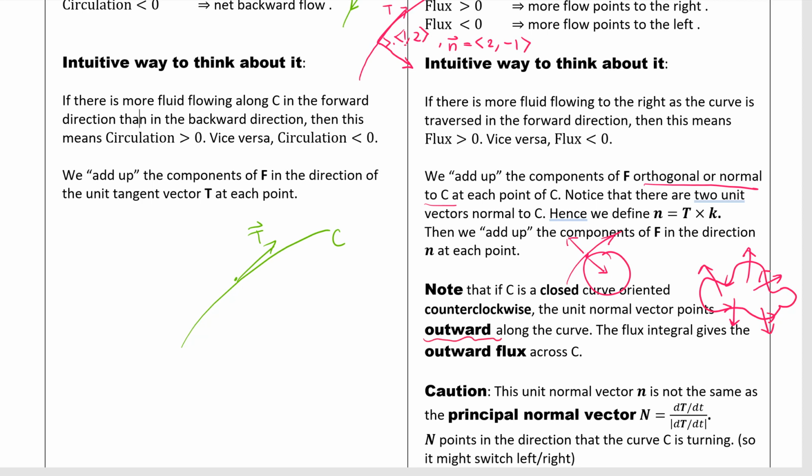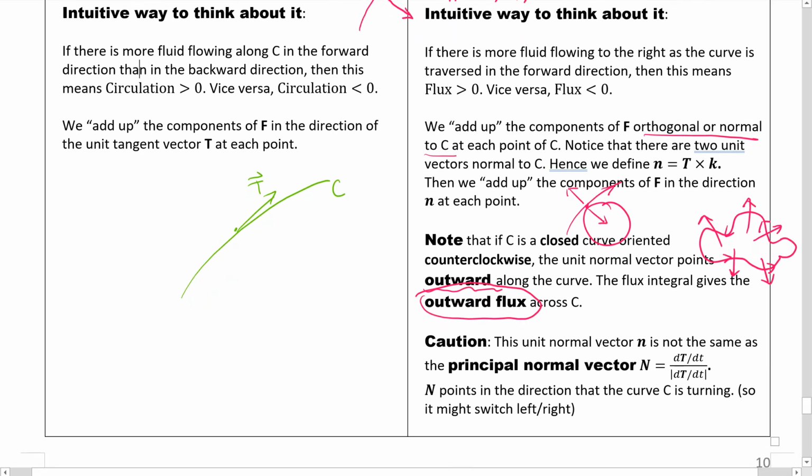Then the integral gives us the outward flux across C. On the other hand, if the curve is oriented clockwise, then the unit normal vector will point in the inward direction, and we get an inward flux. So far so good, everybody?